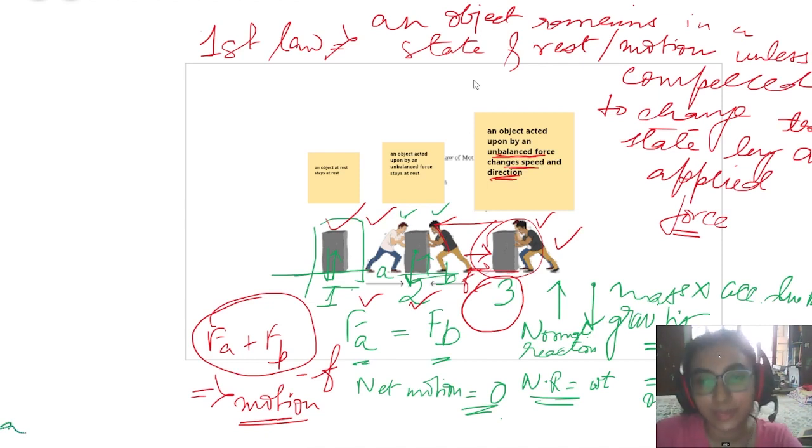In the same way, every object in this world has its own inertia, its own property by virtue of which it will not change its state of rest or uniform motion unless and until an external force acts on it.